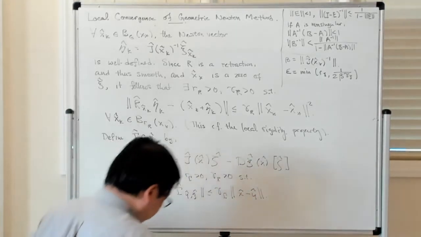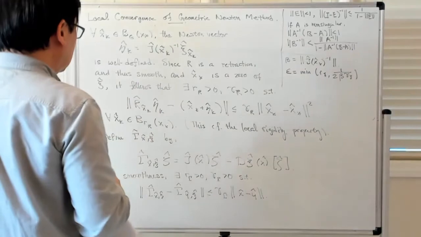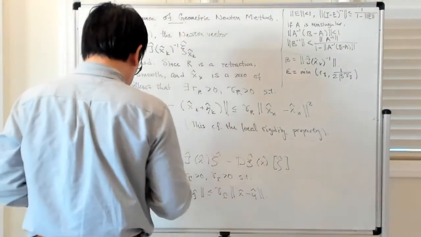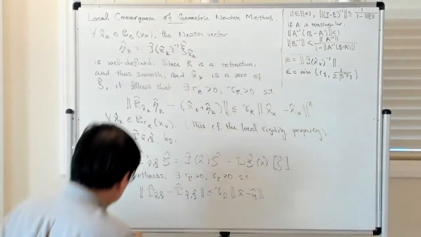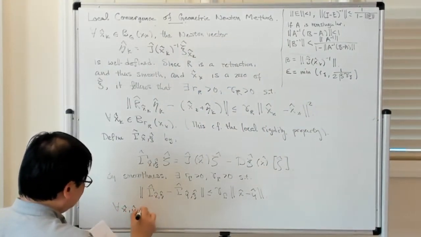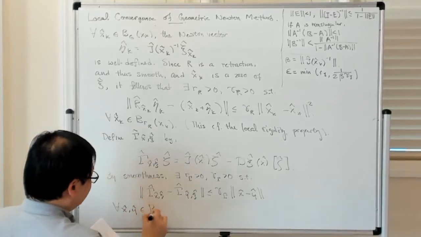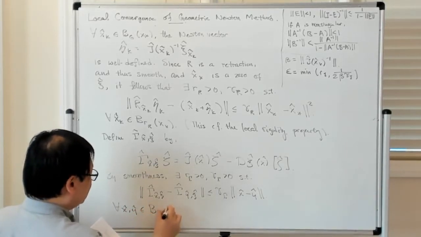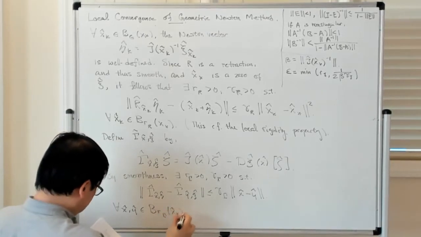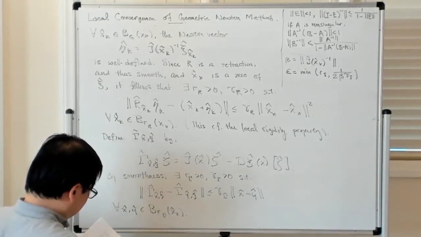All this is fairly straightforward, and this has to be true for all x hat and y hat within a ball of radius r gamma about x star hat, right?